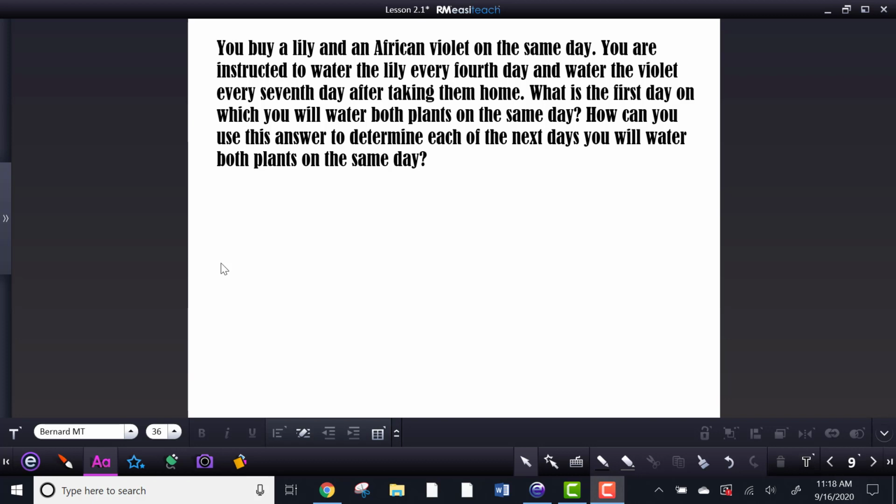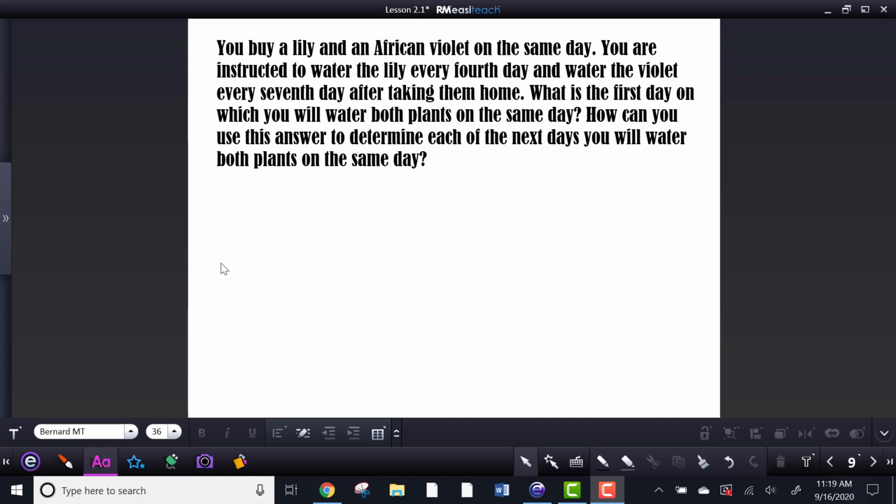Or if you're ever looking at a story problem that's asking on which day does something occur on the same day, those are some key tips on understanding whether it's a least common multiple word problem or not. So what is the first day on which you can water both plants on the same day? First day, same day, keywords for least common multiple word problems.